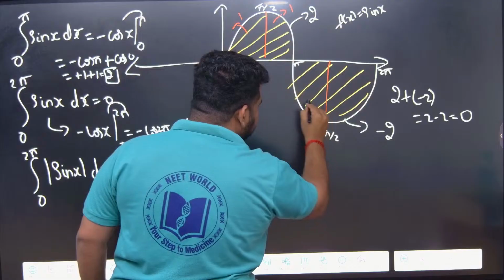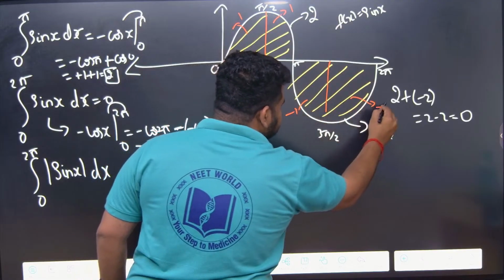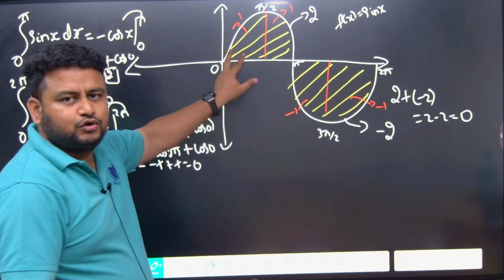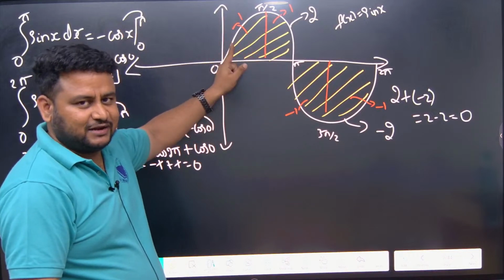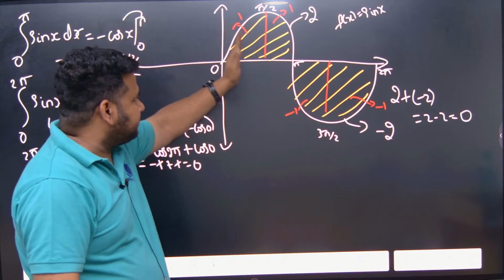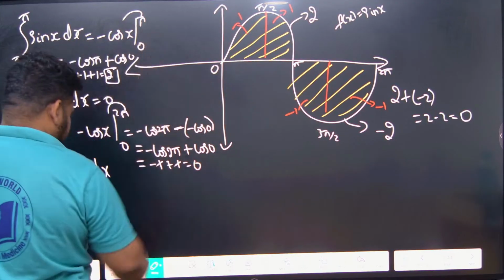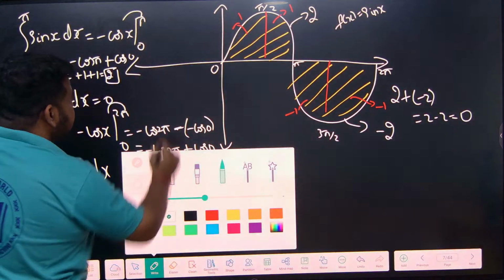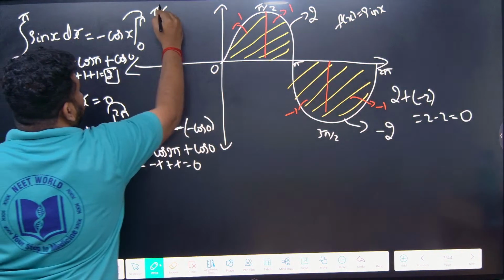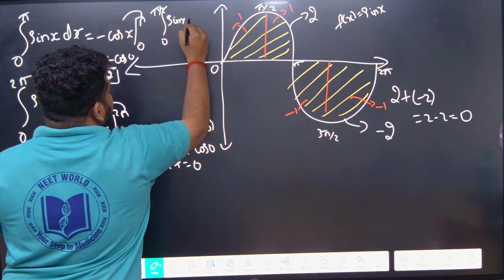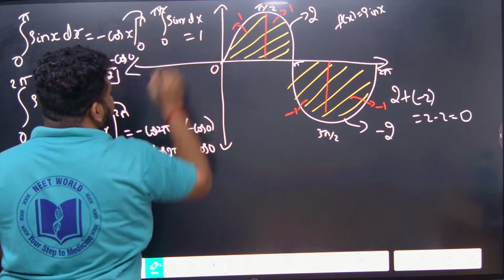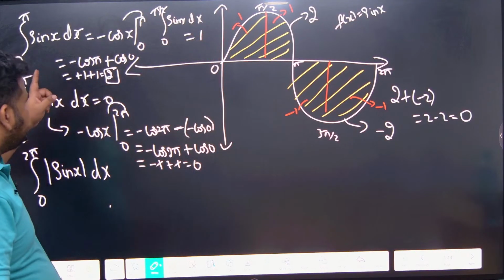Similarly, this value will be minus 1 and this value will be minus 1. Half of it means 2 divided by 2, that is 1. Clear? So if I am given integral 0 to pi by 2 of sin x dx, you should not solve it and waste your time, the value is 1. These values you have to remember.